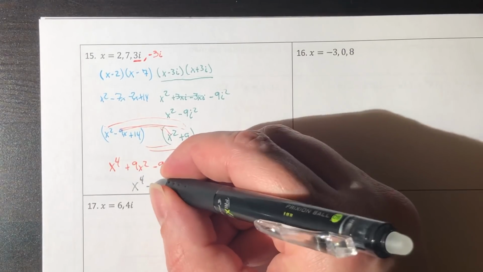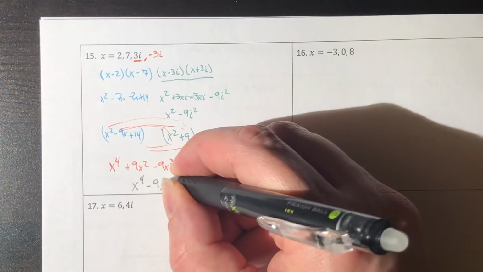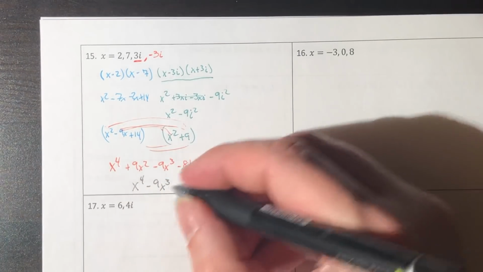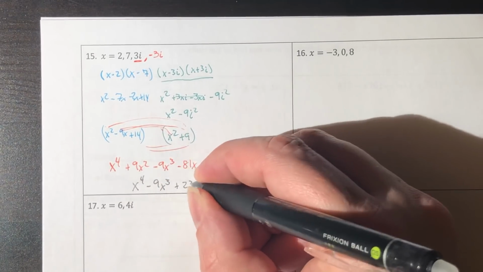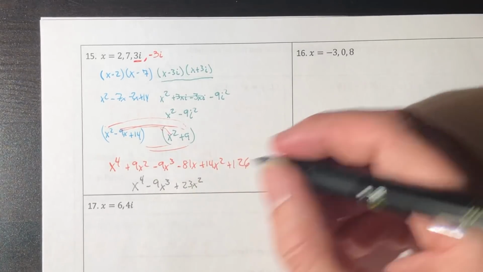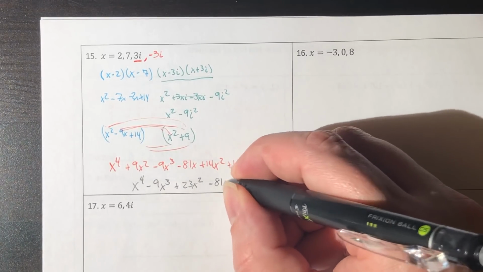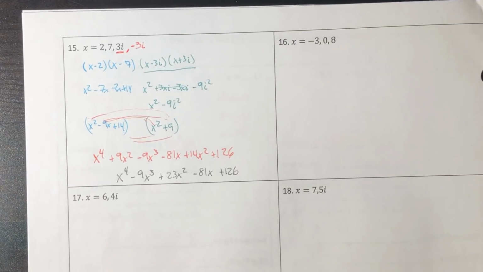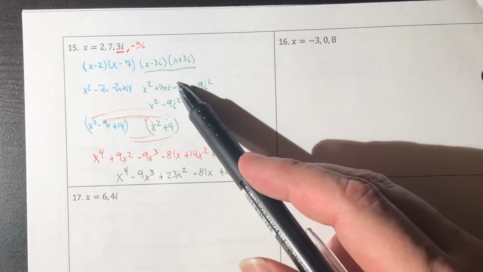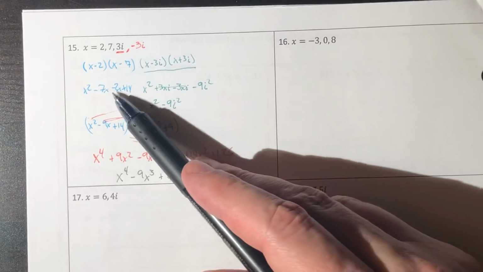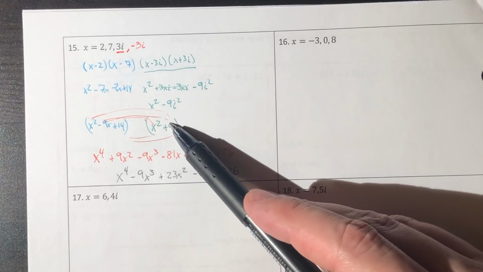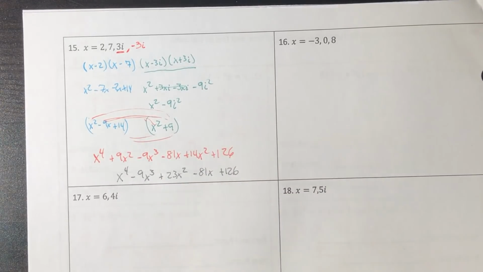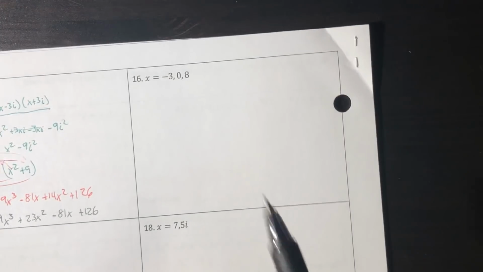So you'll have x to the power 4 minus 9x cubed plus 23x squared minus 81x plus 126. So when you're doing these, you've got to FOIL it, and FOIL it again to get what you have.